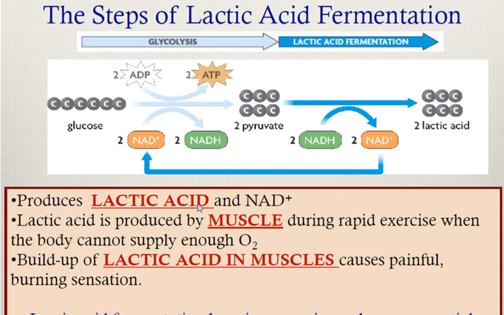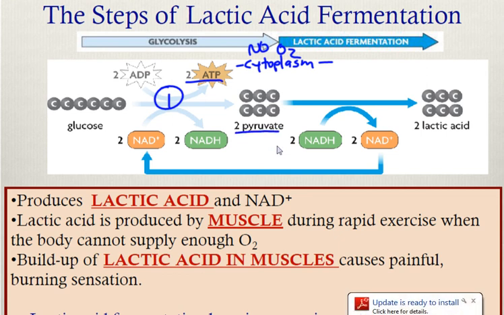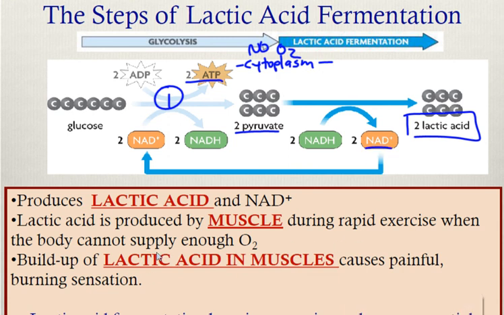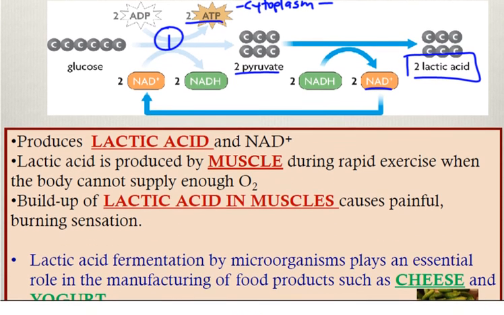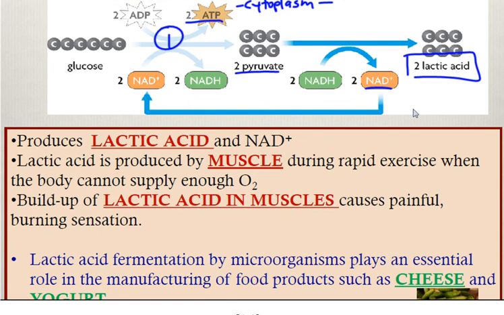Lactic acid, similar, no oxygen, so we stay in the cytoplasm again. So step 1 gives us 2 ATP, and that's all we're getting. We have our 2 pyruvate after glycolysis, and that simply is just going to break down into lactic acid and NAD+. And your lactic acid is also known as the burn.